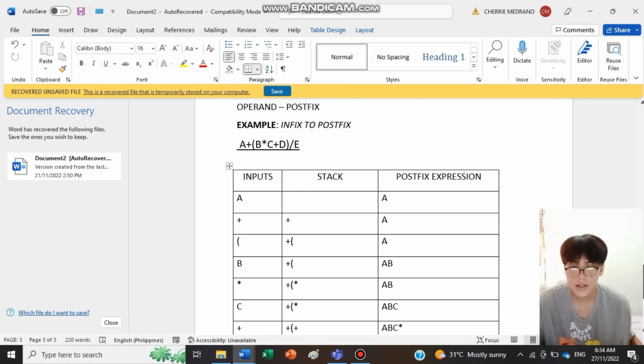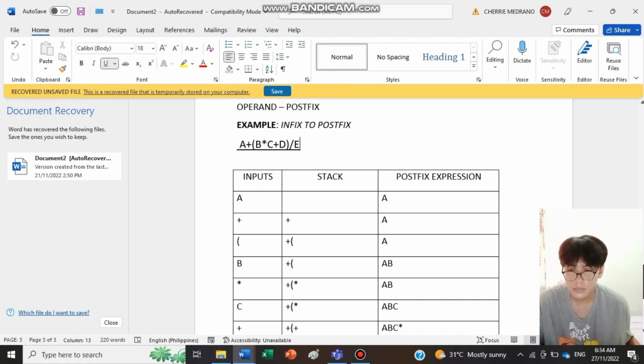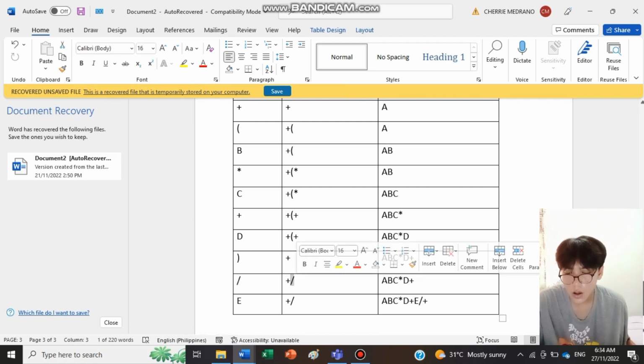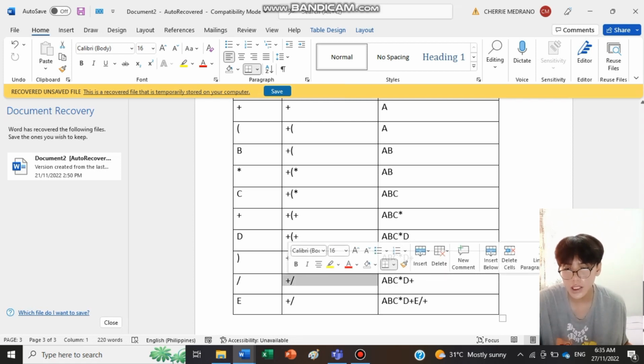Next we have the slash. Slash or divide is an operator, so of course we're going to store it into our stack column. In our stack column, we now have the plus operator and the slash.